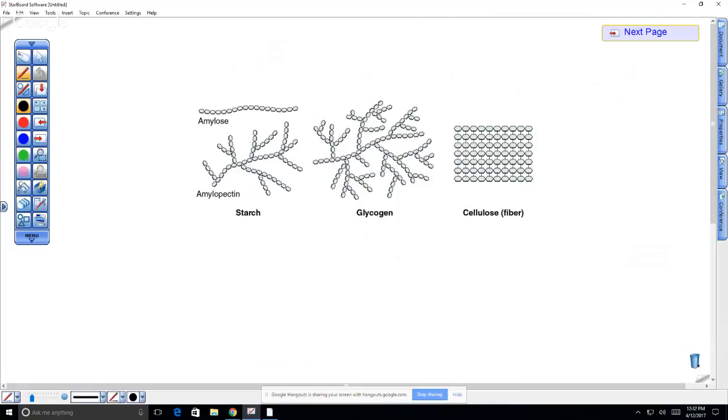Okay, so if you have many of these monosaccharides bound together, then you have a polysaccharide. So this would be many monomers, many monosaccharides. So we can look at two different types of polysaccharides. We can look at those that store energy, so storage of energy.